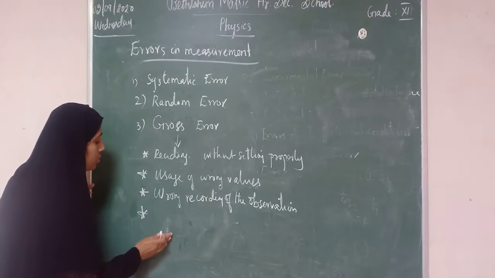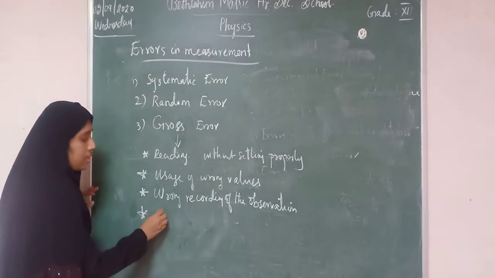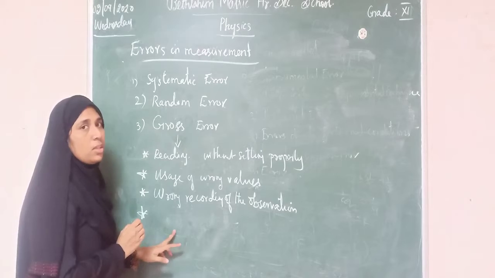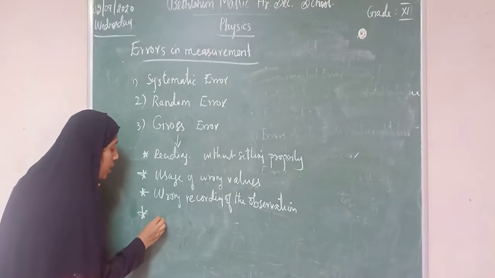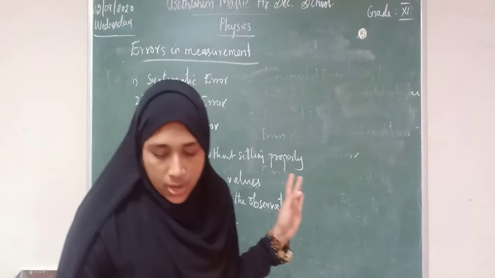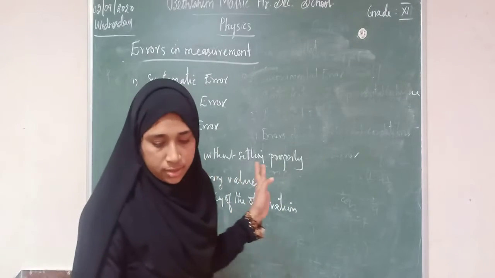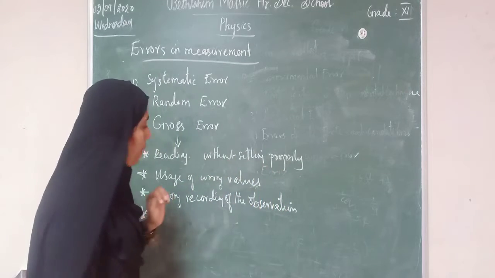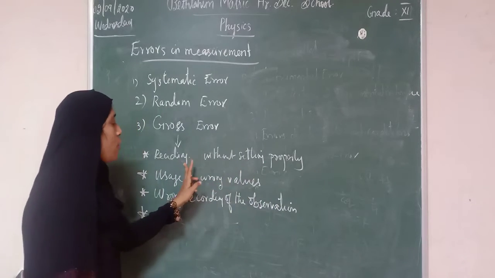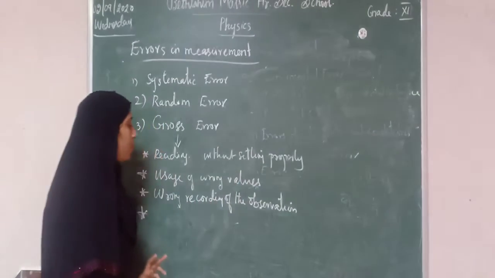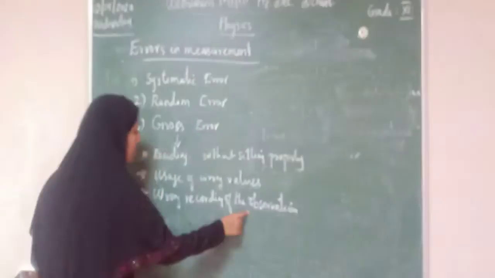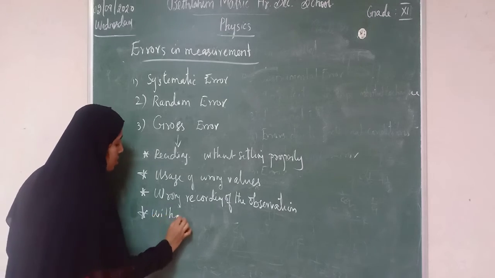And also due to individual carelessness, that is, when we are personally not careful in readings, it may occur. Okay, so these are the reasons for gross error: reading the observation without setting it properly, usage of wrong values, wrong recording of the observations, as well as without taking the precautions.